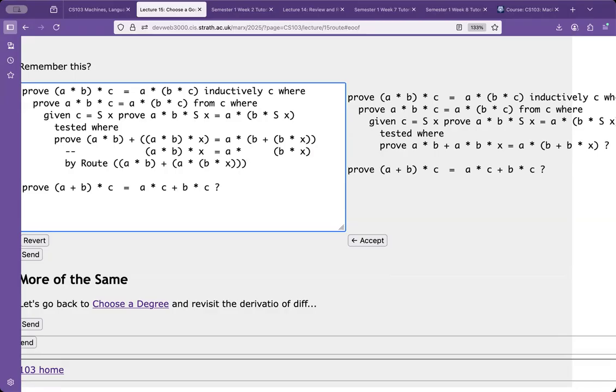So I'm optimistic that I'll get from middle to right. I know I'm going to get from left to middle under plus. That will dig out the thing that we changed and justify by the induction hypothesis. But I'm also hopeful of getting from middle to right because that looks an awful lot like distributing multiplication over addition. So hoping that algebra is going to get us the rest of the way.